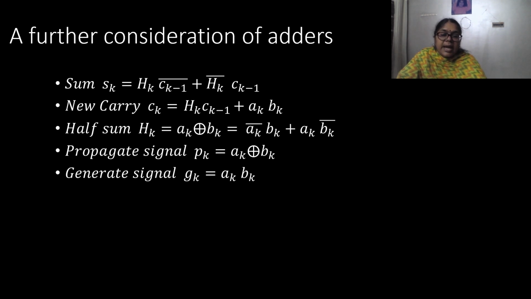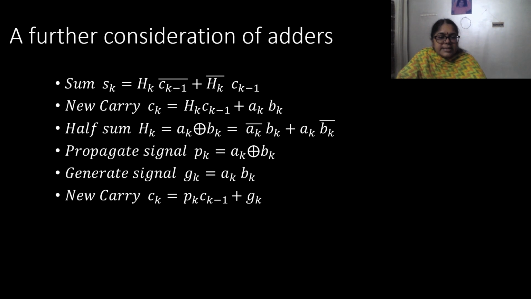But if A and B are equal to 1, then whatever may be the value of the previous carry, it does not matter. Cout will be equal to 1. Thus, it implies that when Gk is equal to 1, then automatically a carry is generated by the adder.